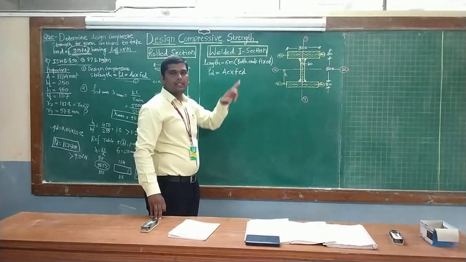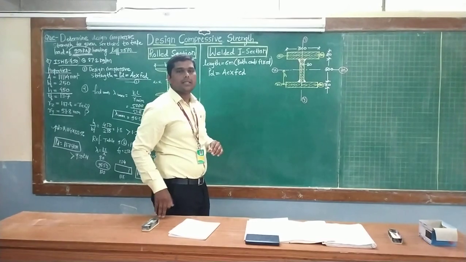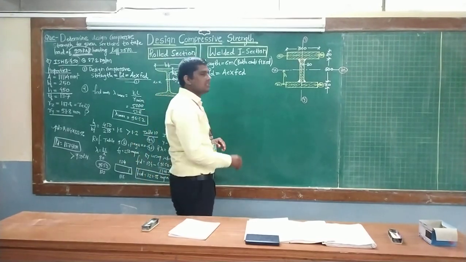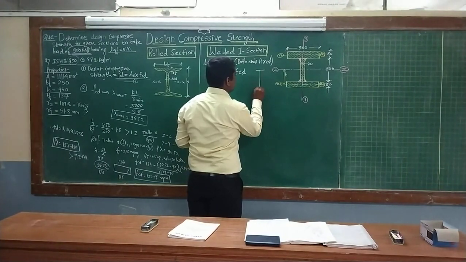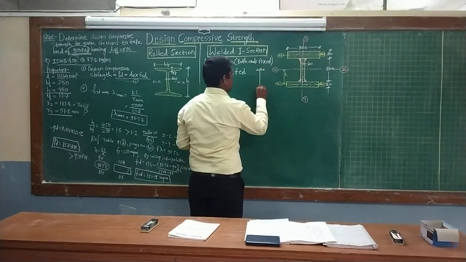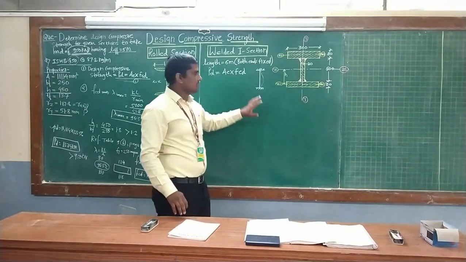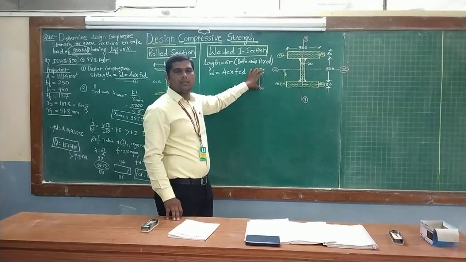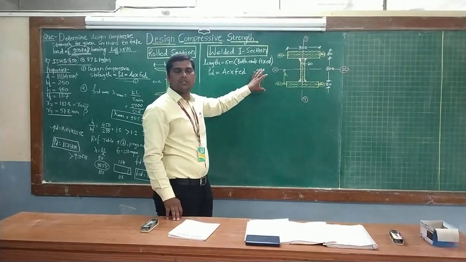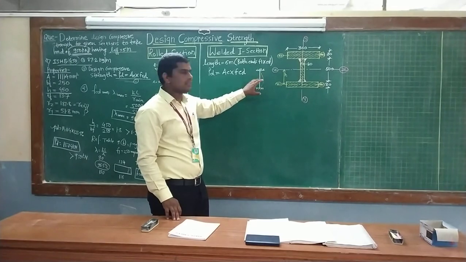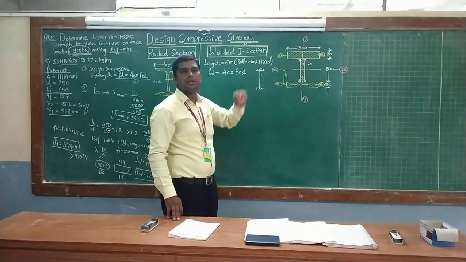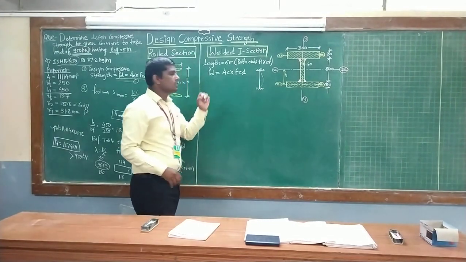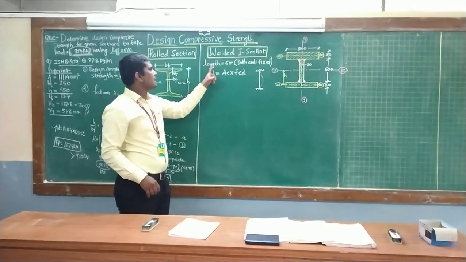So by using these conditions, we are going to refer to Table 11 on page 45 of IS 800:2007, where case number 6, both ends fixed, will be valid for this particular numerical.